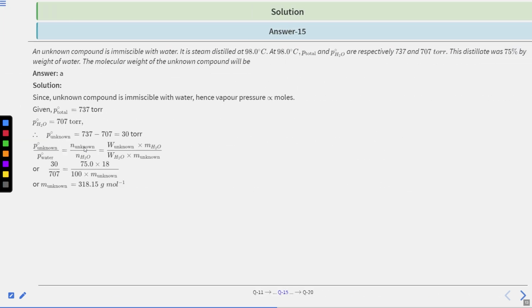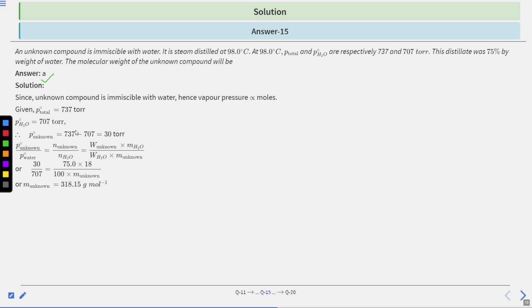Okay, so the correct answer is option A. Since the unknown compound is immiscible with water, as given in the question, the vapor pressure is directly related to the number of moles. We are given that the total vapor pressure is 737 and the vapor pressure of H2O is 707 torr. So the vapor pressure of the unknown compound will be the total minus the vapor pressure of H2O, that is 737 minus 707, which is 30.